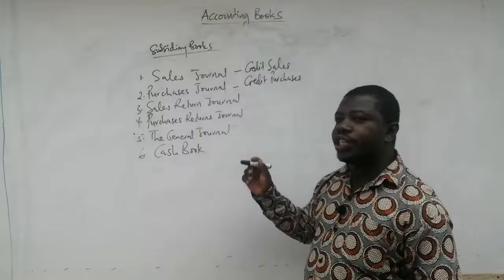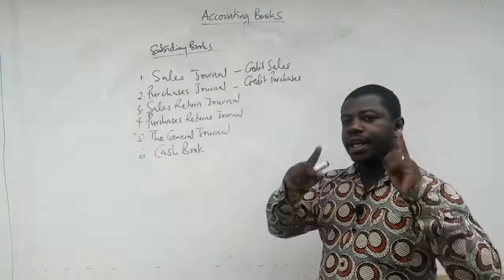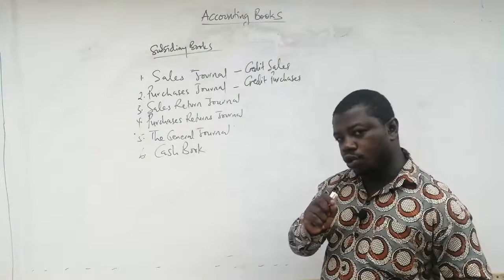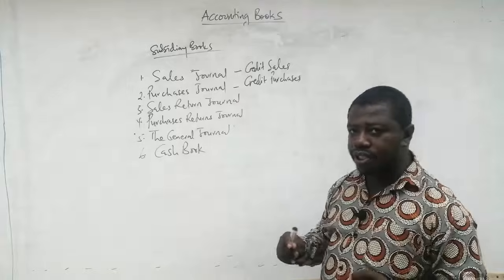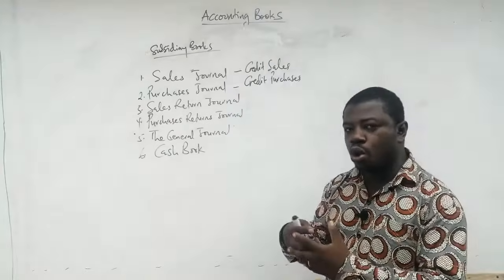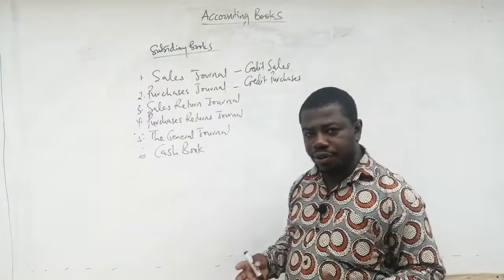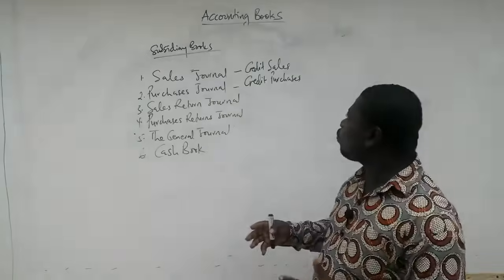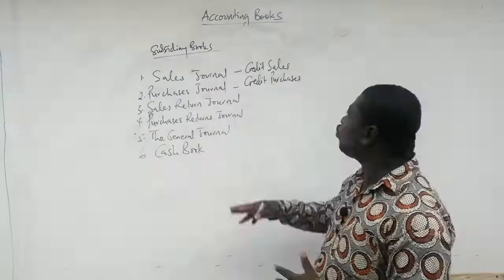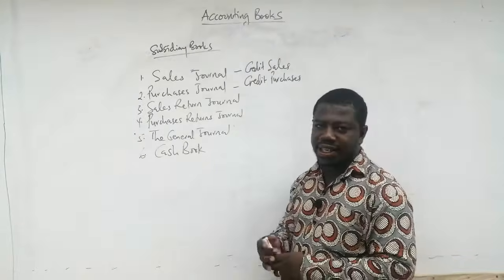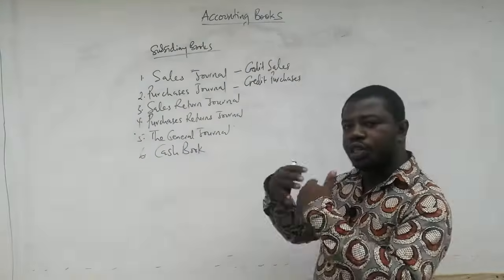So the acquisition of a non-current asset does not constitute purchases, take note, and the disposal of a non-current asset does not constitute sales. It should be your stock that you are using in your normal trading activities. That is what you call purchases when you buy them, and sales when you sell them. So sales refers to disposal of stock.